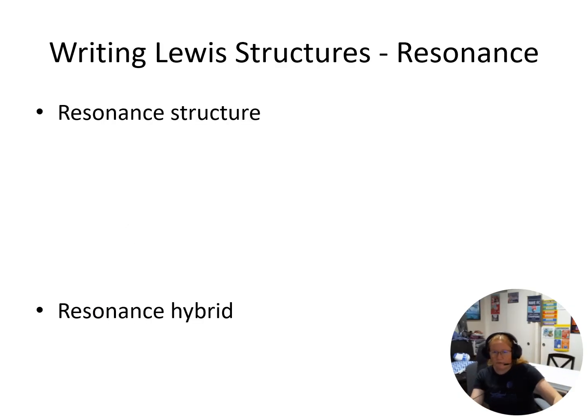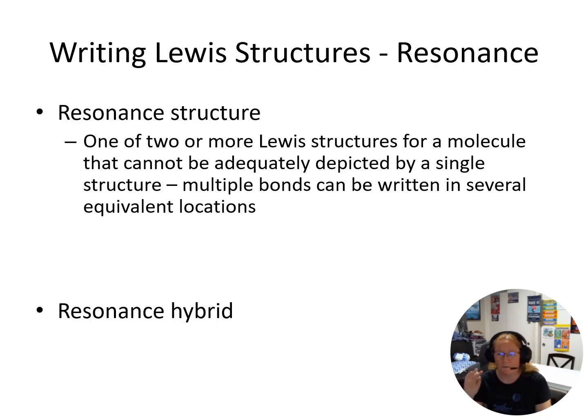All right, now resonance. So you may have learned this. So I mentioned that there's 3 resonance structures that we could have drawn for that carbonate anion. So when you have 2 or more Lewis structures, like the cyanate, the OCN, that had 3 resonance structures, okay? You can't adequately depict them by a single one. Now, the cyanate, the resonance on that is a little bit fussier because in that case, we did have different formal charges. And so one resonance structure was actually better than the others, okay? True resonance, though, everything's equivalent.